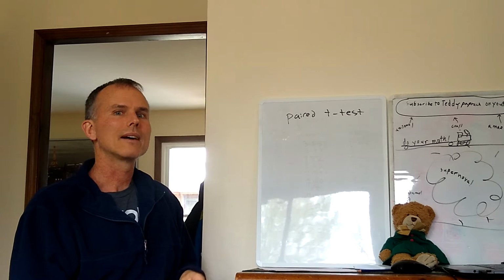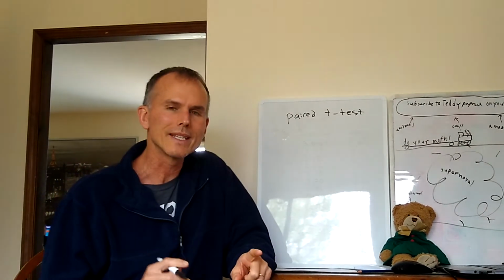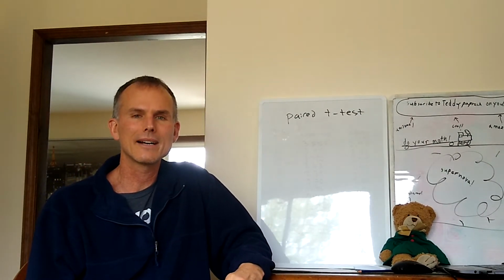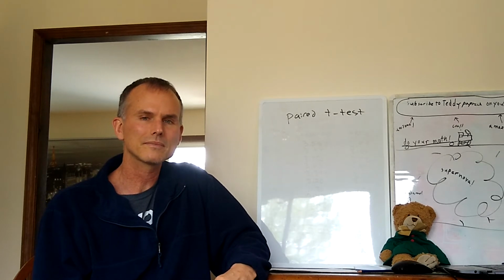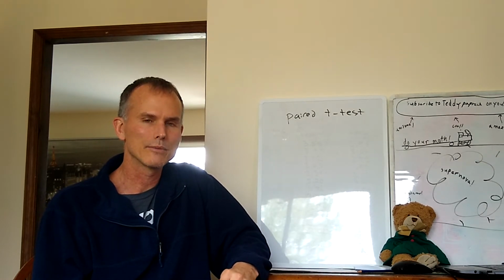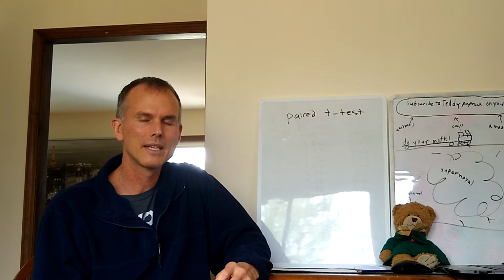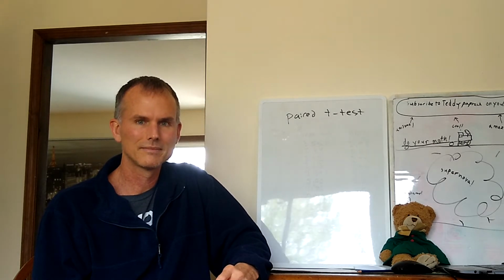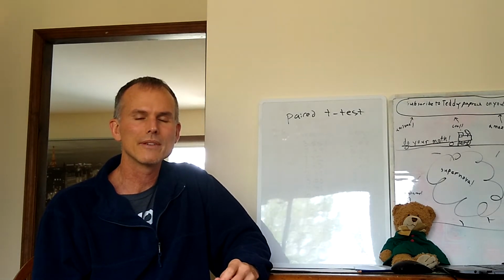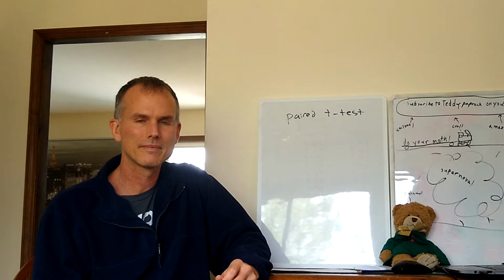The easiest way to do that on your calculator, and listen carefully here: type the ratings for Superman into L1. Type the ratings for the Avengers into L2.